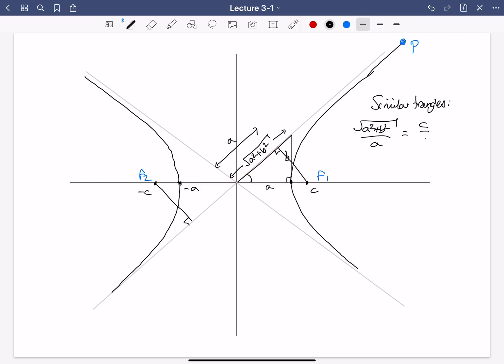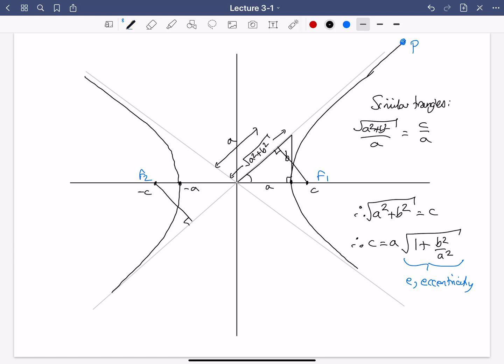We get that that's c over a. Therefore, the square root of a squared plus b squared equals c, or the way I prefer to write it, I prefer to pull out the a. C is a times the square root of 1 plus b squared over a squared. And this number here is again called e, the eccentricity of the hyperbola.